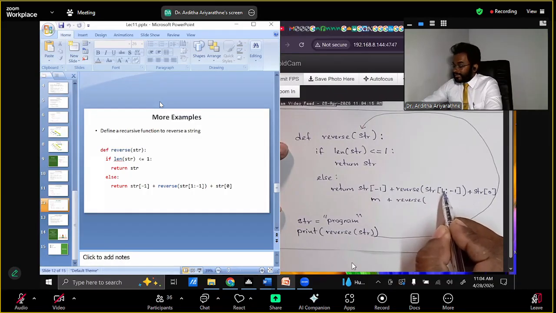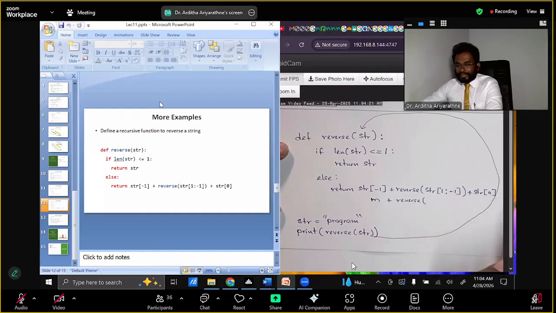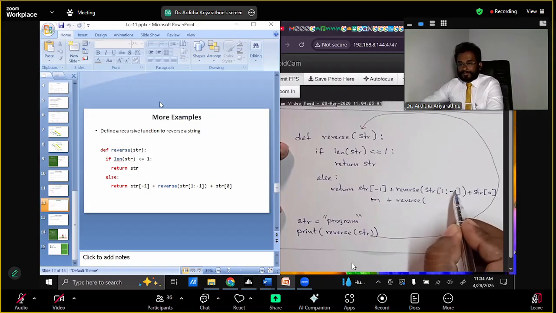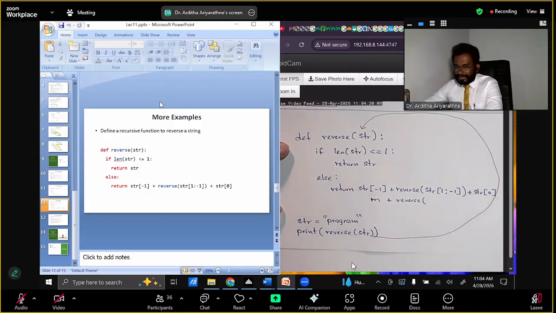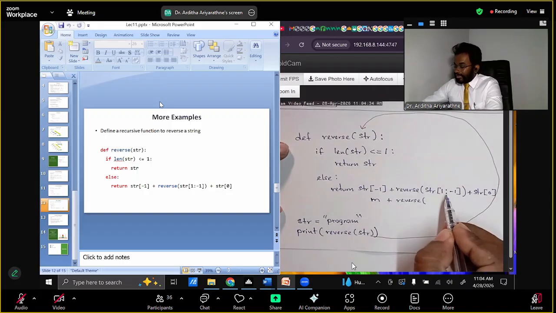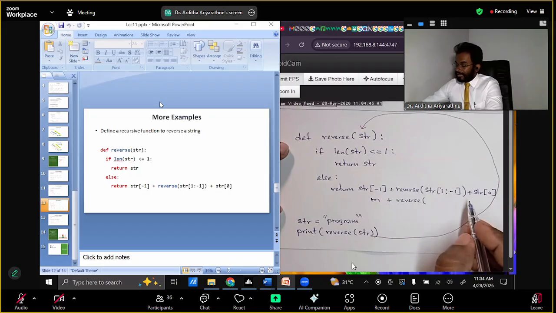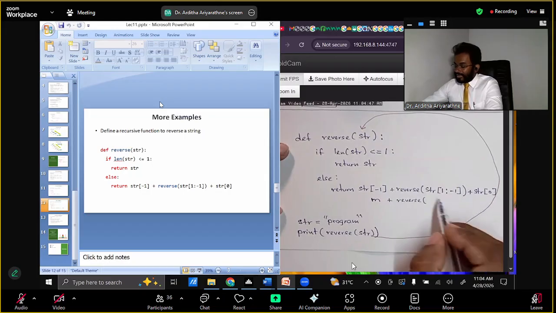You know that this is the starting position and this is the ending position. Ending position minus 1 means minus 1 is not included. Up to minus 1, we can go only to minus 2. Here, starting with 1, we can go up to minus 1, which means we have to stop at minus 2.